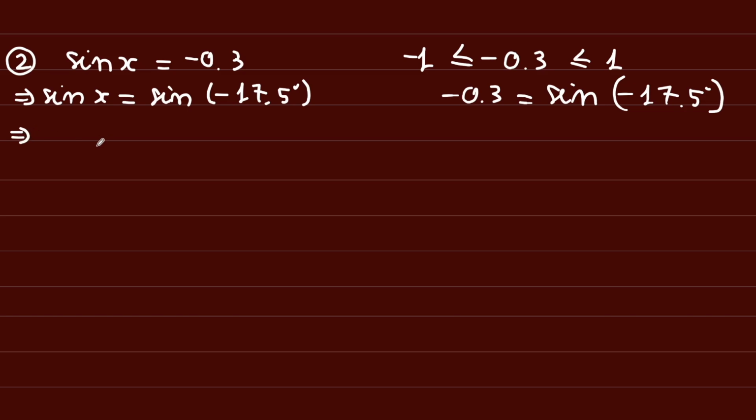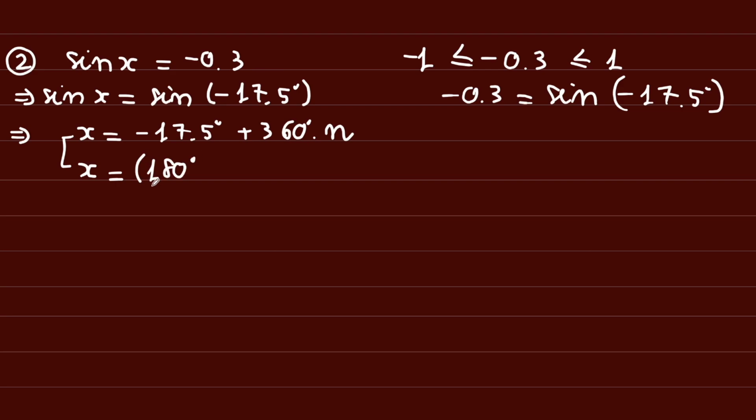Now it's time to apply the general solution. The first general solution is x equal to minus 17.5 plus 360 degrees multiplied by n. And for the second one, the supplementary relationship, you got 180 and minus.